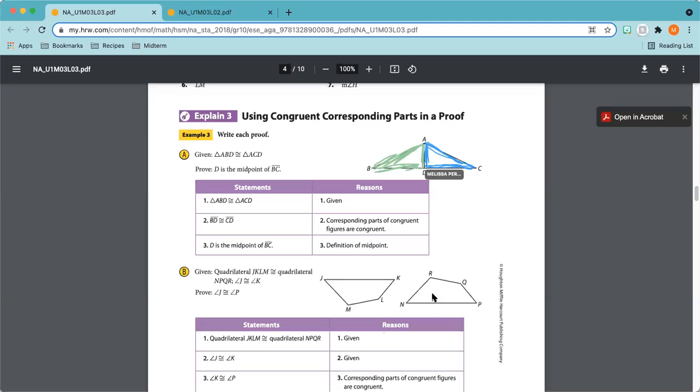So they're telling me these two triangles are the same. Prove that D is the midpoint. So my goal is to say D is the one in the middle.